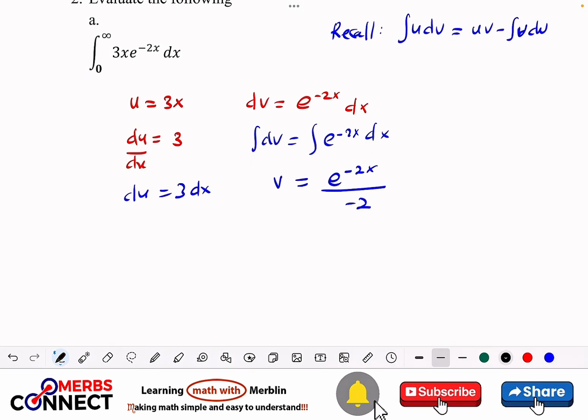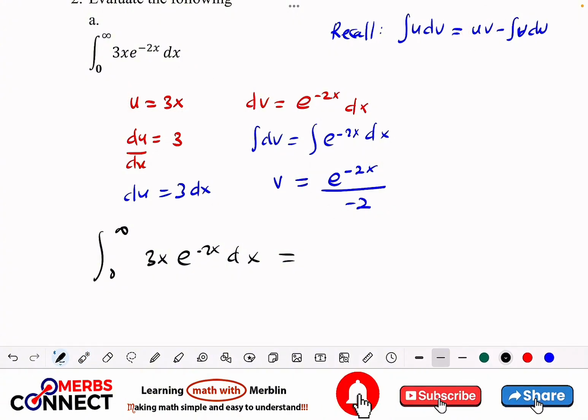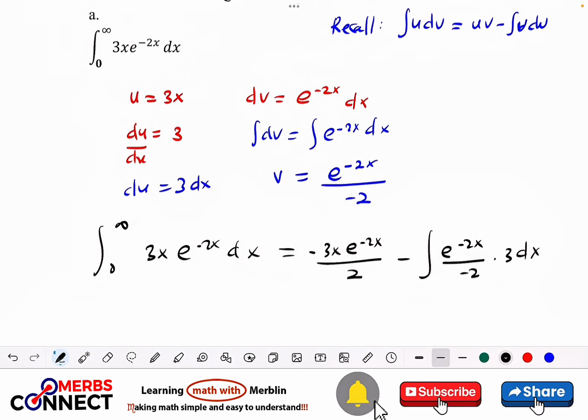So all we just need to do now is this, the integral from 0 to infinity of 3x e to the power minus 2x dx, will be equal to u times v. So u times v is going to give us minus 3x e to the power minus 2x divided by 2, minus the integral of v, which is e to the power minus 2x divided by minus 2, times du, which is this 3 dx.